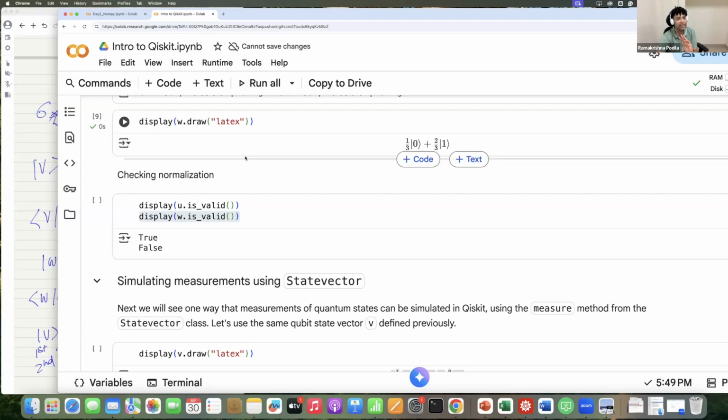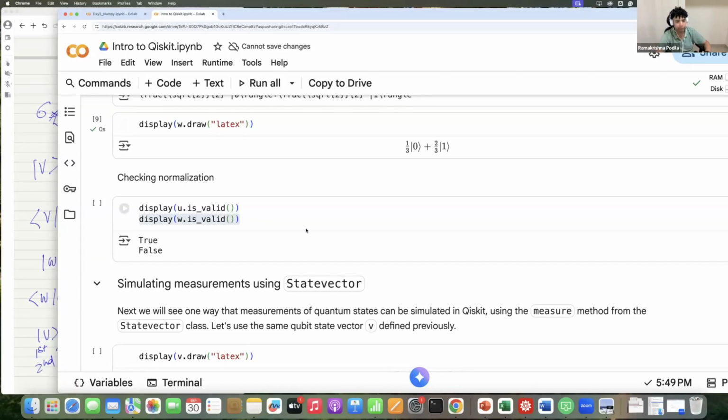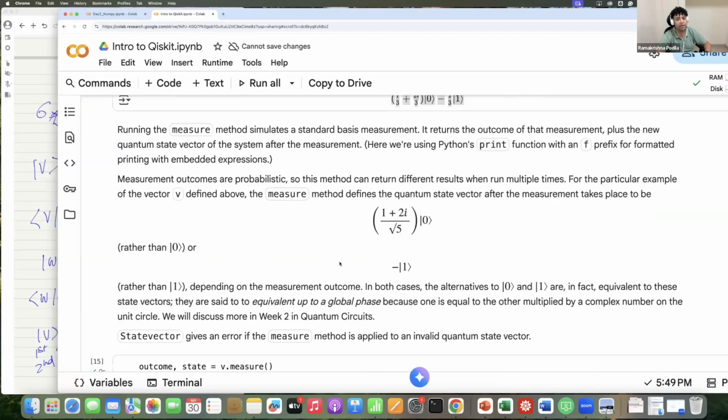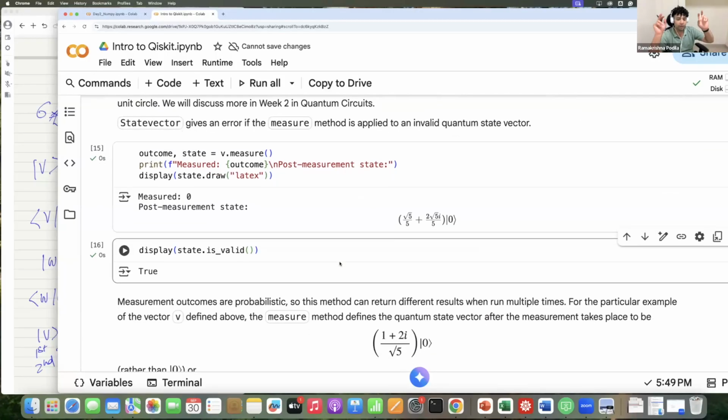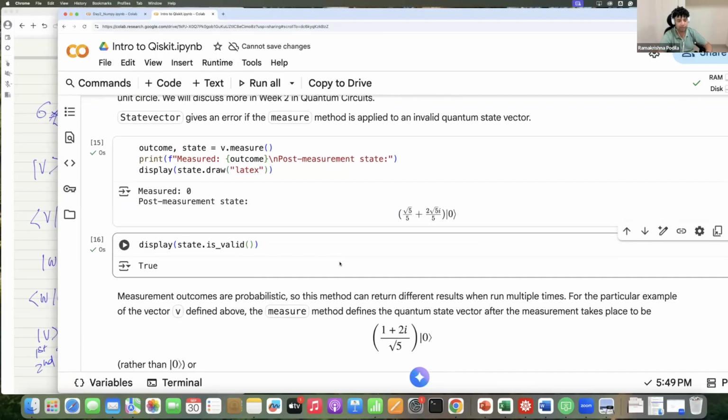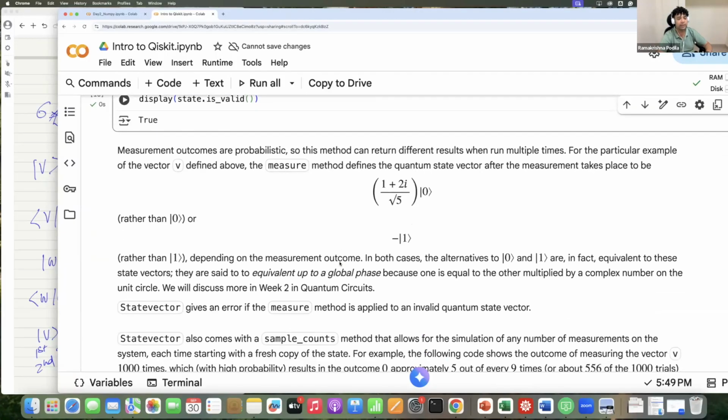This is not being run on a quantum computer. I'm still running this on a classical computer, right? But in Qiskit, you can get tokens from IBM quantum computers, and you can actually run your code on an actual quantum computer, which we will see later on. But for now, we are just doing the simulated quantum computer, if you will.